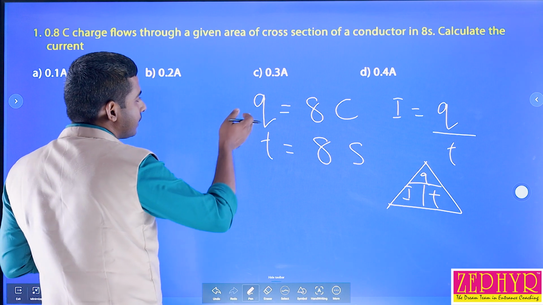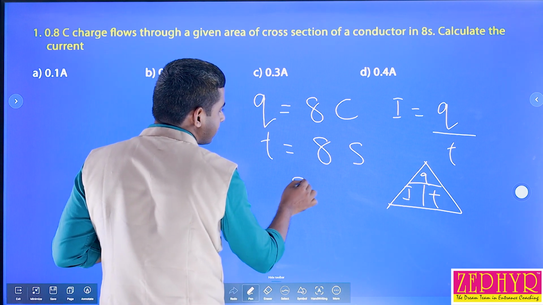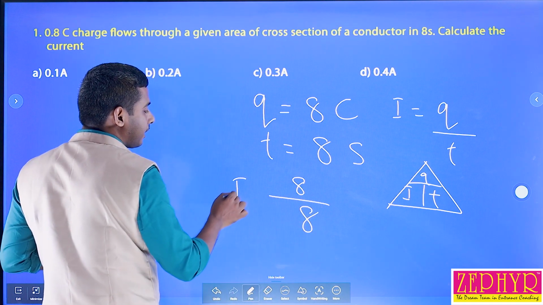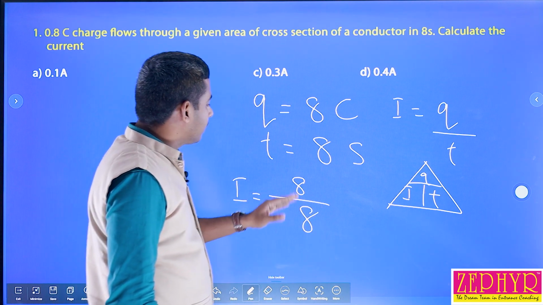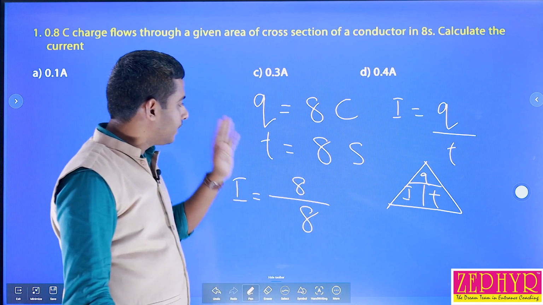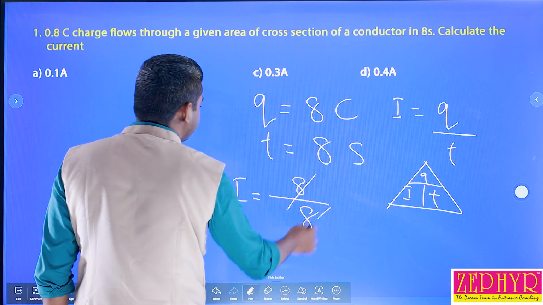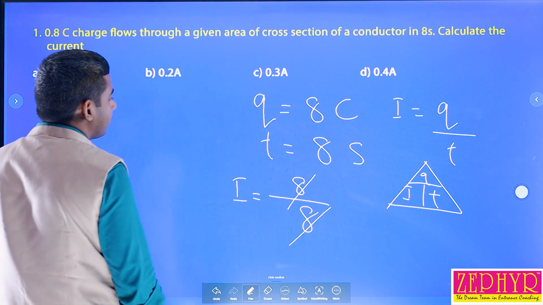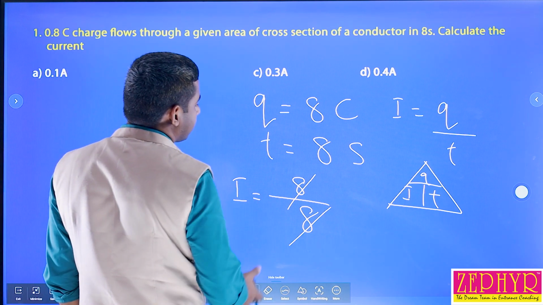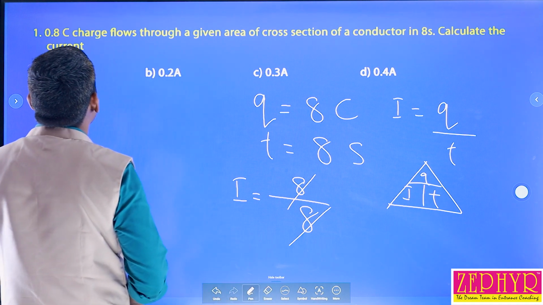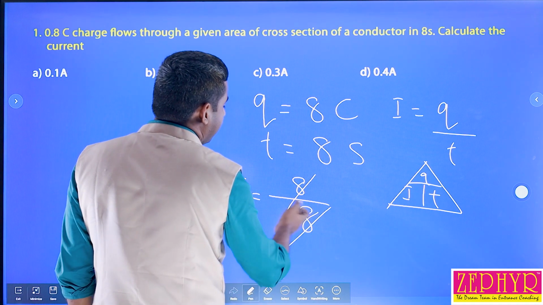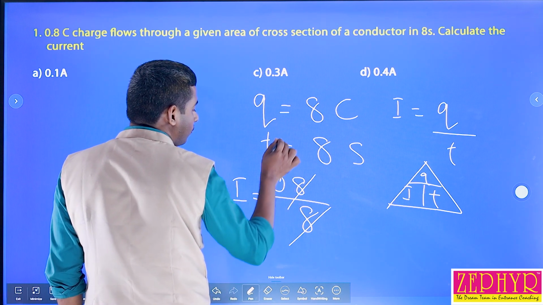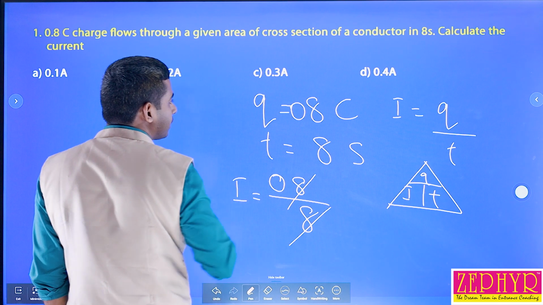So listen, they said 0.8 coulomb, divided by time, 8 seconds. So we can write I equal to Q by T, Q is 0.8 coulomb, time T is 8 seconds. One correction: not 8 coulomb, that was 0.8 coulomb.